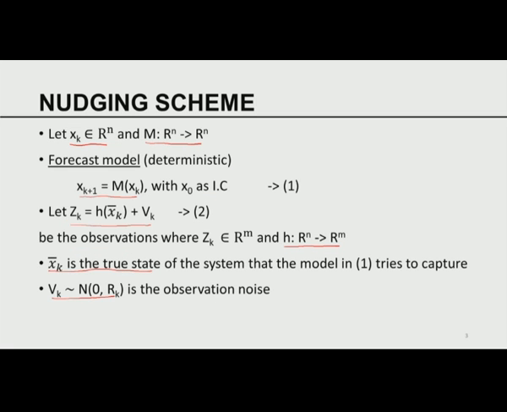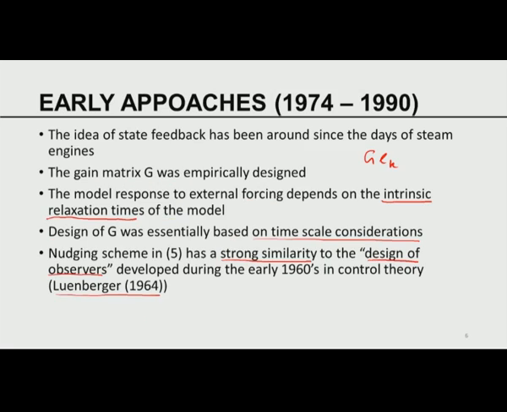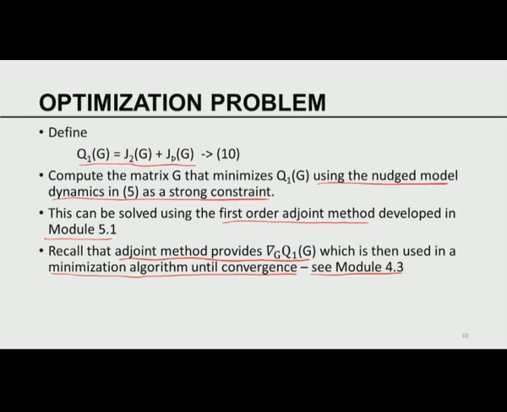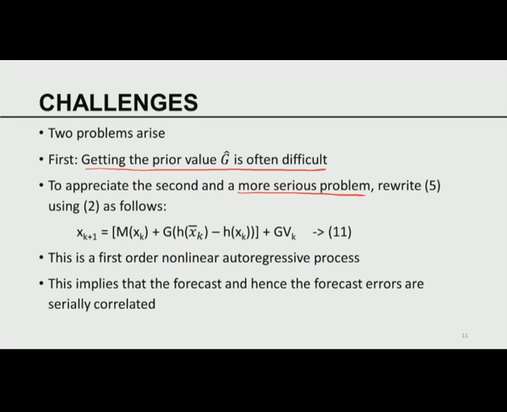Phi is the nudge dynamics, and 2 is the observation equation. So I am now going to combine the 2 to be able to come up with the exact equation for the nudge dynamics. So when I use 2 and phi, the explicit equation for the nudged model becomes this.